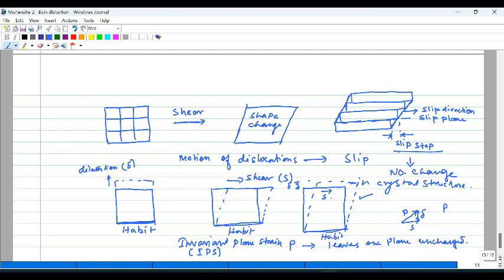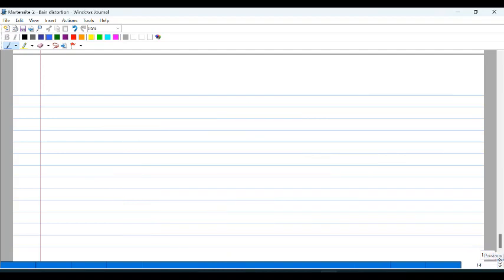Okay. Now what happens in case of the Martensite transformation? You have the austenite phase, and the Martensite is growing from that with a corresponding shape change. Okay, and this is the plane on which Martensite is growing. That is the interface plane, right?